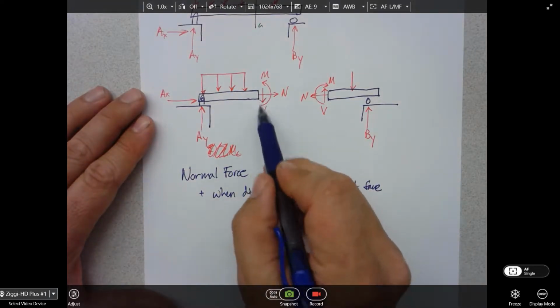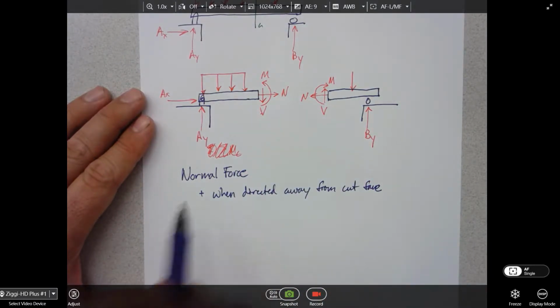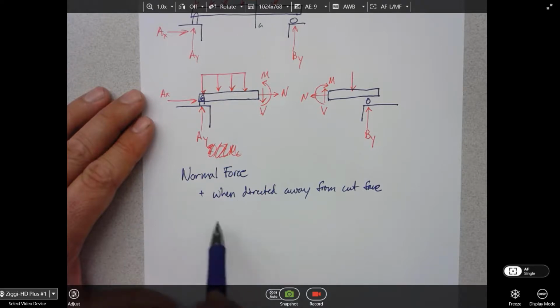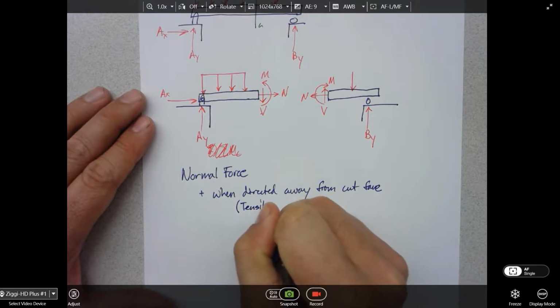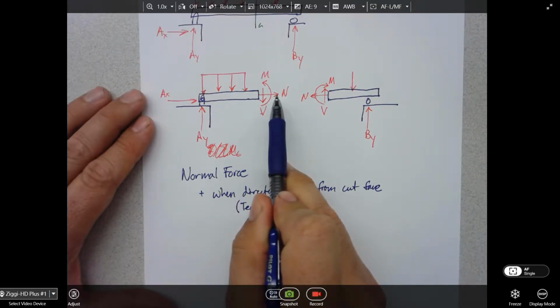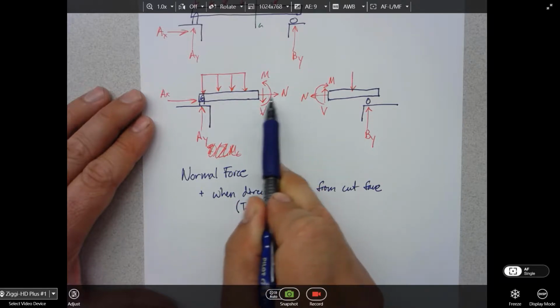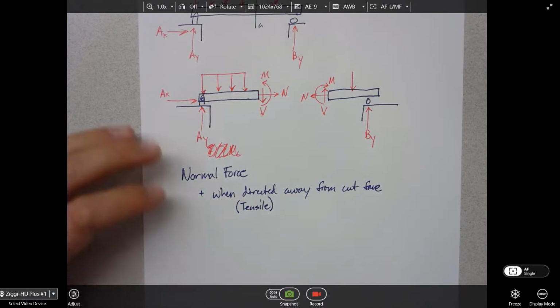So whenever we cut, we always draw it going out of that face. That's what we would call a positive normal force. It also would be a tensile force. Right? So if there's a normal force pulling on this beam in this direction, that means it's a tensile force. It's stretching the beam instead of compressing it. Okay?